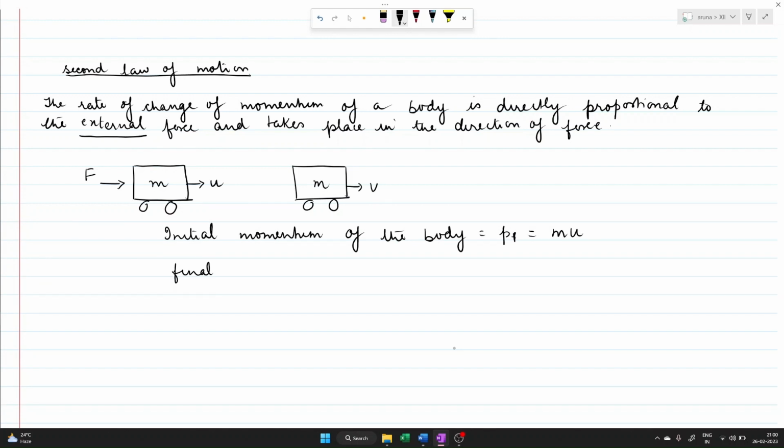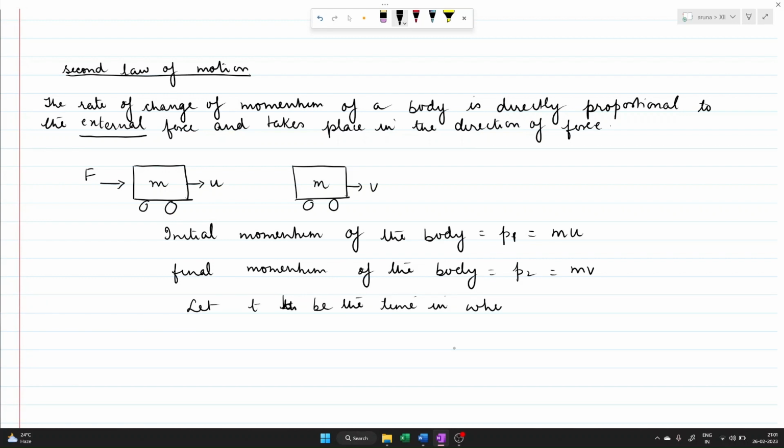Final momentum after the application of force, let's denote it with p2, and it will be mv. Let t be the time in which the force is applied.